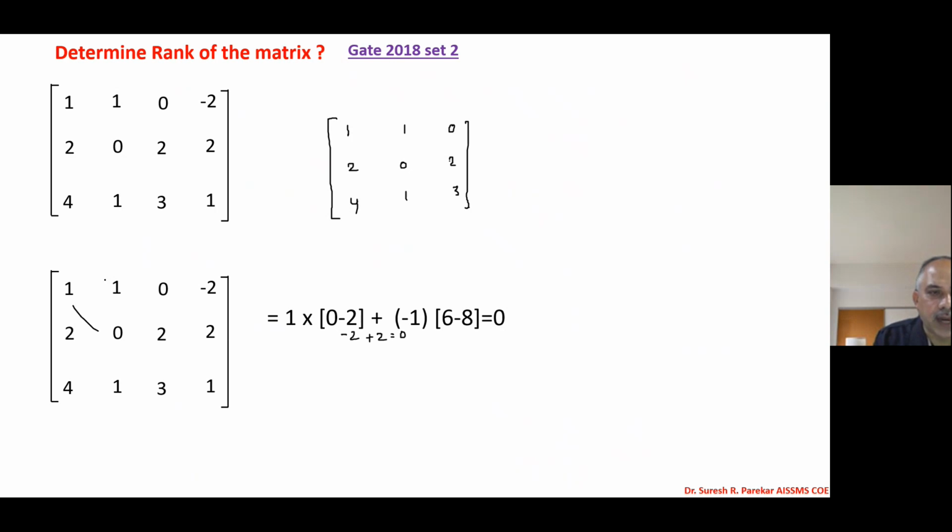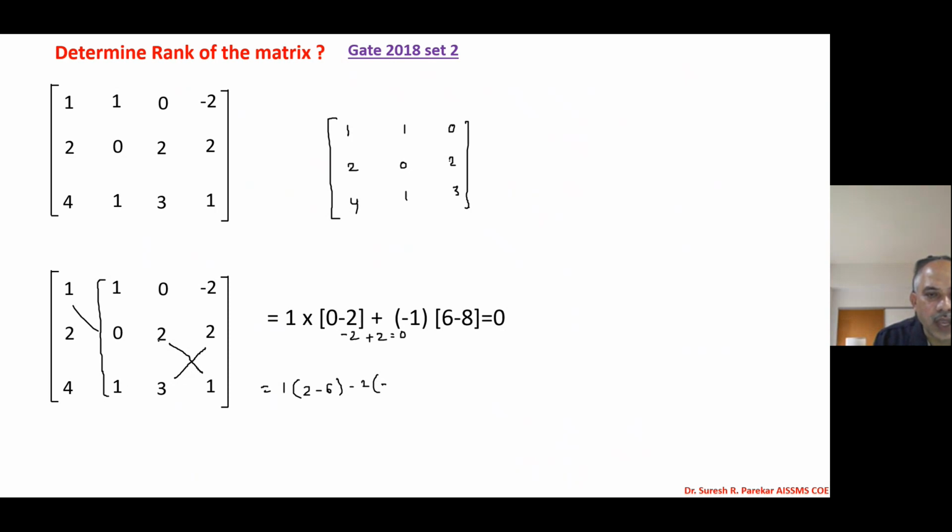If we go to another part and consider this also, and calculate it, you have 1 in bracket 2 minus 6, then minus 2 in bracket. So this will be 0 minus 3, so this will be 1 times 2 minus 6, so this will be minus 2.